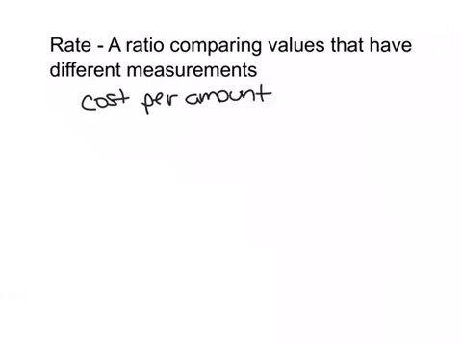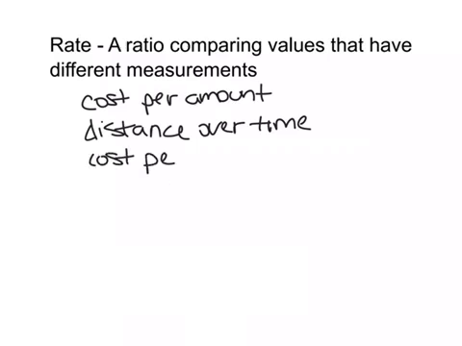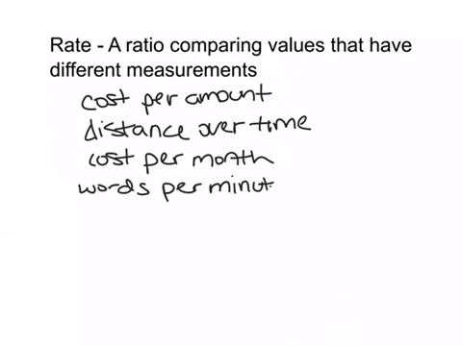We could talk about distance over time. We could talk about the cost of something per month, for instance, like a monthly phone bill. Or we could talk about things like words typed per minute, if we're trying to measure the speed of something.